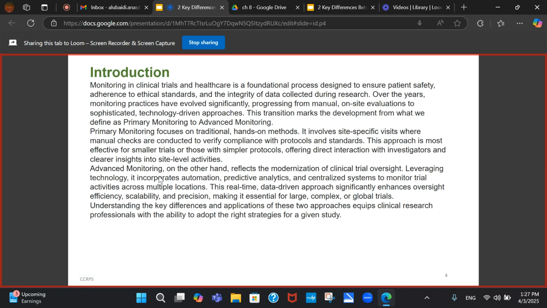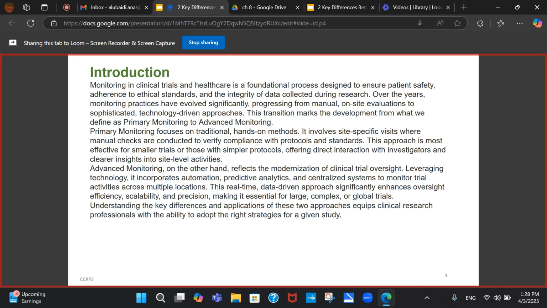Now, compared to this, advanced monitoring reflects the modernization of clinical trial oversight, leveraging technology. It incorporates automation, predictive analytics, and centralized systems to monitor trial activities across multiple locations. And this is a big difference between primary and advanced monitoring.